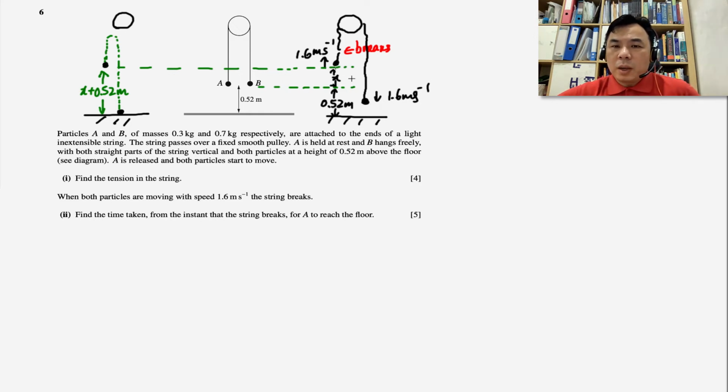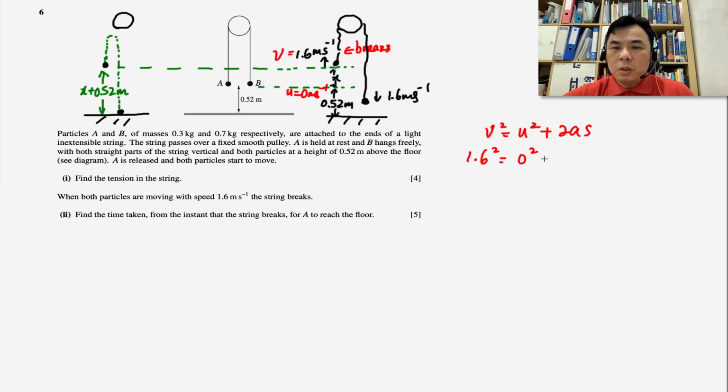Okay, we're going to find out x first by using the SUVAT equation. We know that the initial speed here is 0 meters per second. The SUVAT equation that we can use will be v squared equals u squared plus 2as, and v itself will be 1.6 squared.